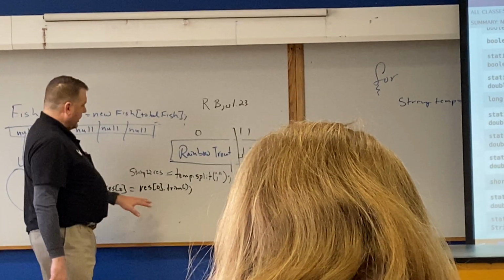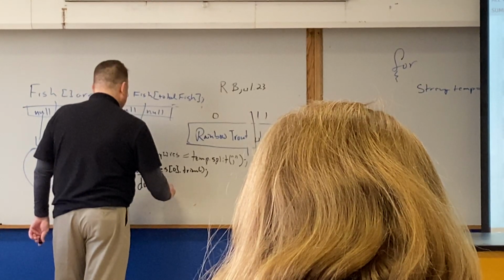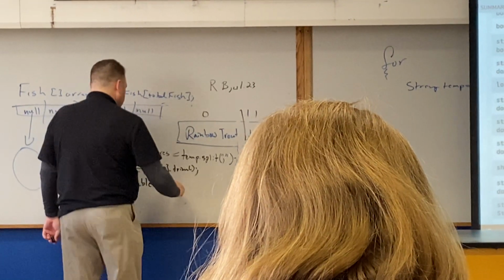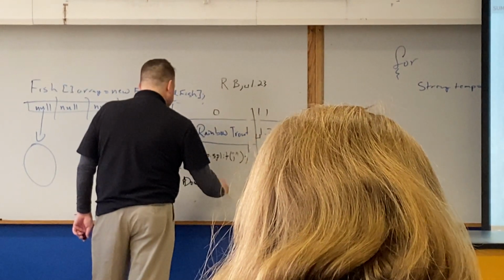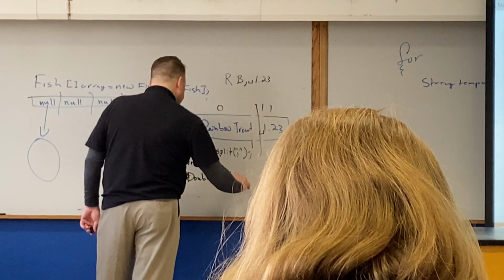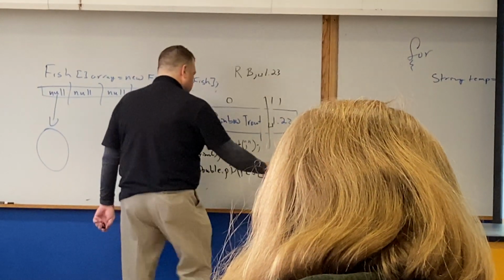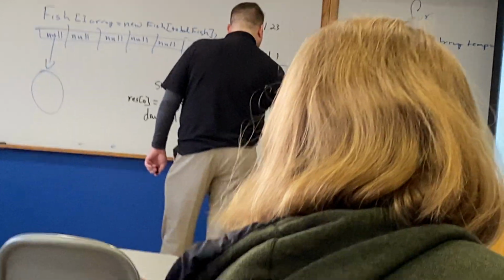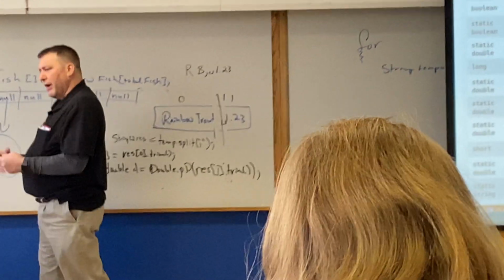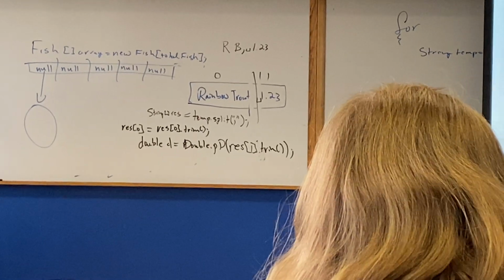I guess. So in that case, what I would probably do is say something like double D1 gets Double dot parse double res sub 1, or even res sub 1 dot trim. Doesn't matter. And I would now have a double out of it. I'm not sure that's going to work, but I am.